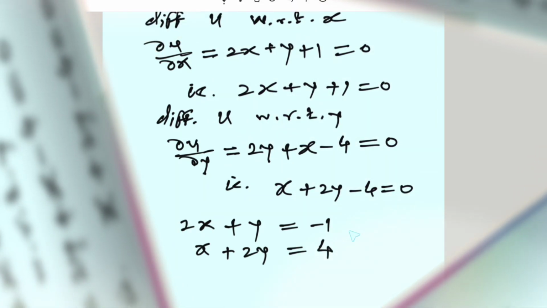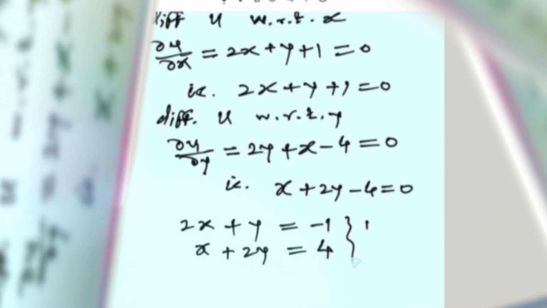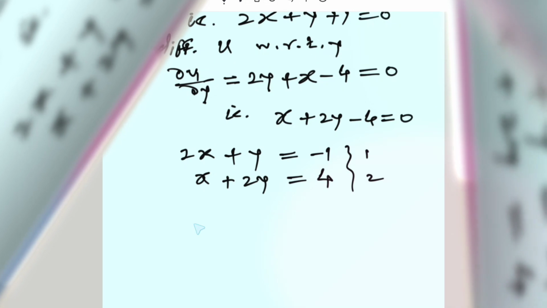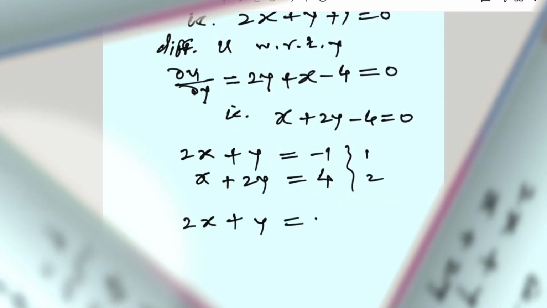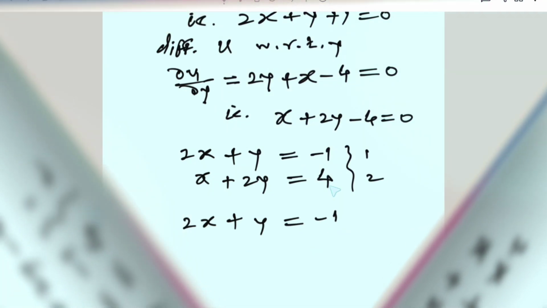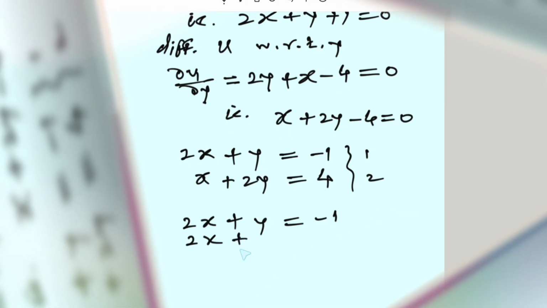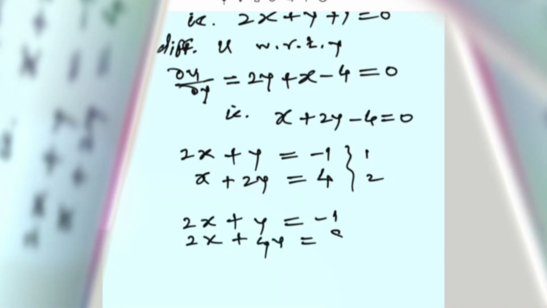Solving by the elimination procedure, multiplying the first equation by 1 and the second by 2, we get 2x + y = −1, and 2x + 4y = 8.